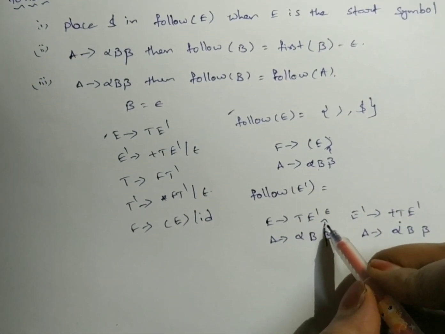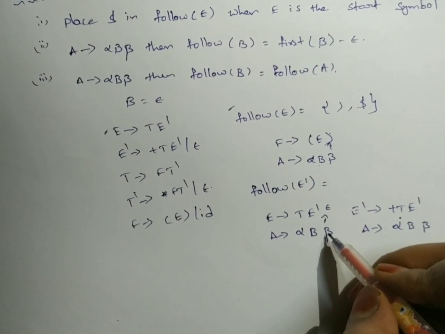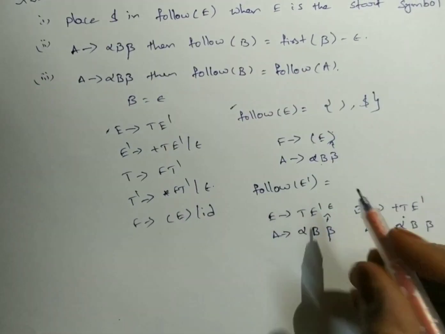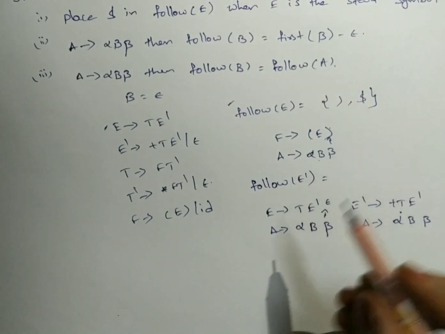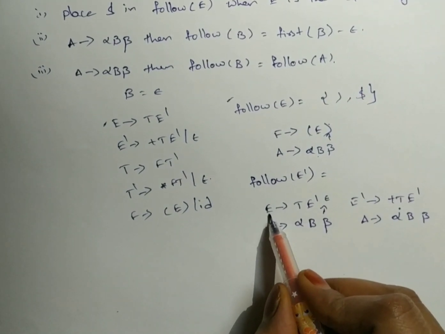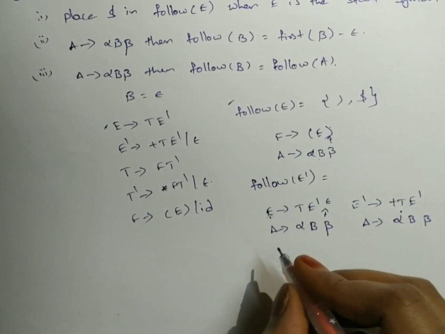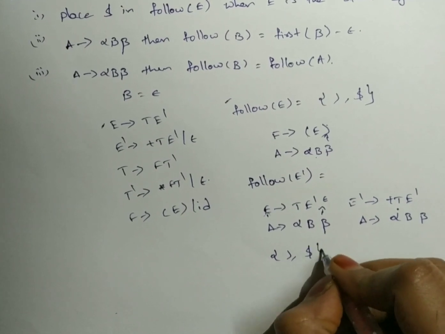Here beta represents the epsilon value, so we are not having anything in the beta place. In that case, I am considering the third condition: the follow of B is follow of A. Follow of A means this one, E. Follow of E will be follow of E dash also. Here the follow of E is closed brace, comma, dollar.